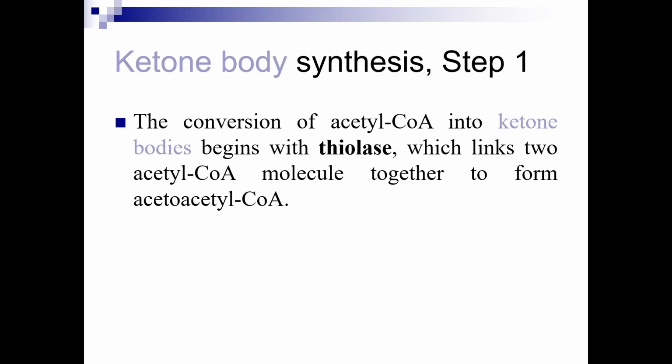And this is catalyzed by thiolase, except it's a different thiolase than the one that is used for beta oxidation. So humans express 2 main thiolase genes. One is for ketogenesis, the other is for beta oxidation.